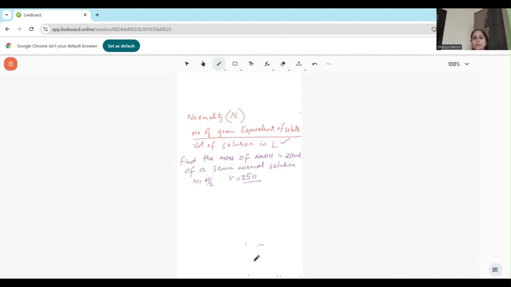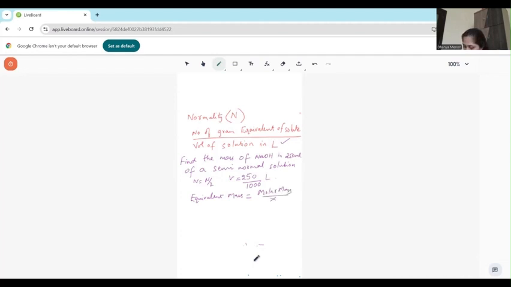We know the normality, we know the volume, we need the mass, but the numerator is the number of gram equivalents, right? So what is the number of gram equivalents? Just remember the formula of moles: mass over equivalent mass, right? And what is equivalent mass? It is given by molar mass by X. Sodium hydroxide is a base, an alkali.